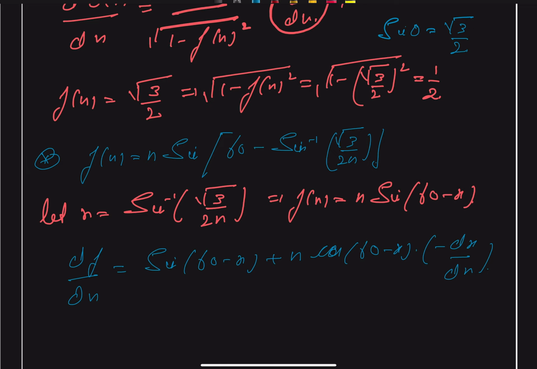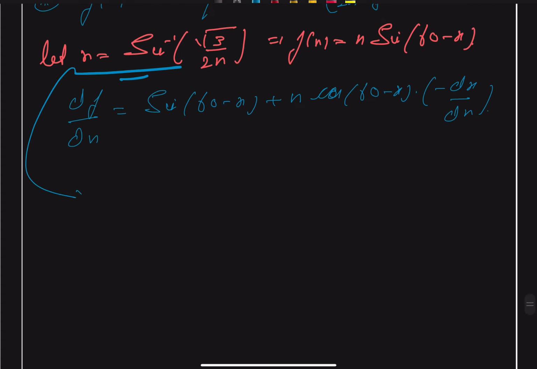And we are given x, so we can differentiate it, and this is going to give us dx/dn equal to d/dn of sine inverse of square root of 3 divided by 2n.